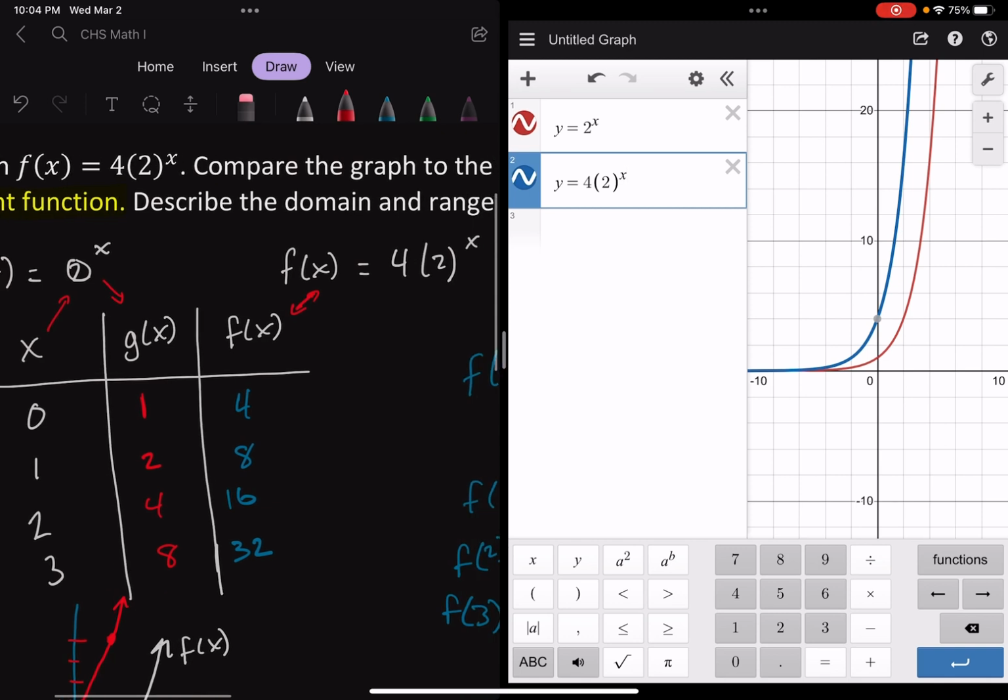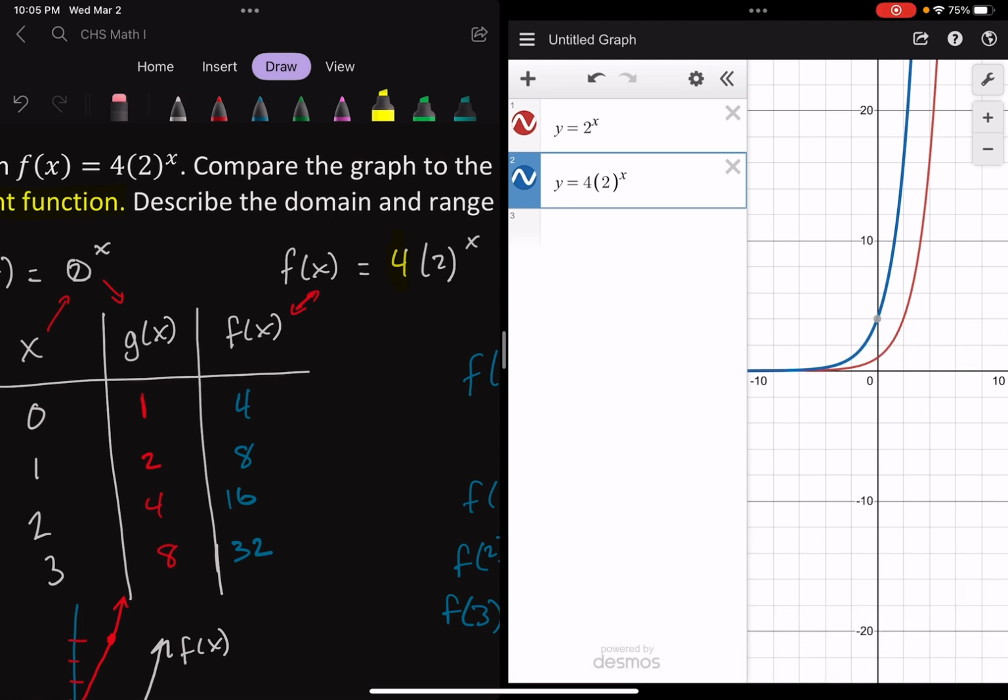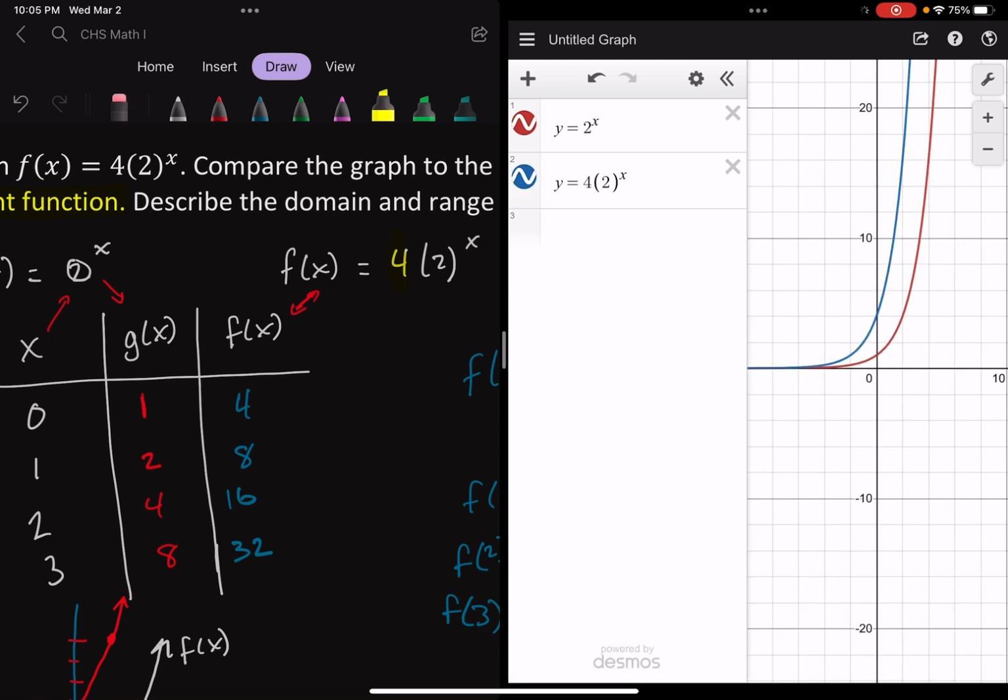Notice how when we multiply by 4 here, we're increasing much faster, right? That's also going to tell us where our starting point is higher.